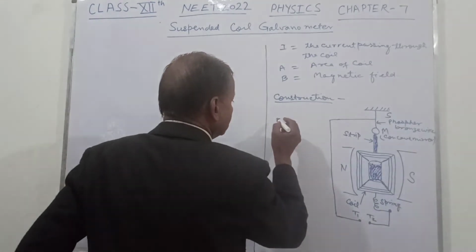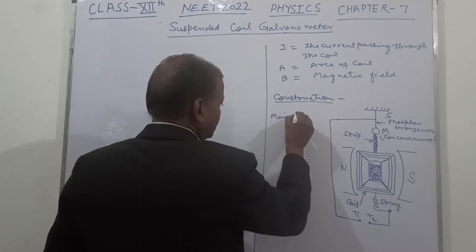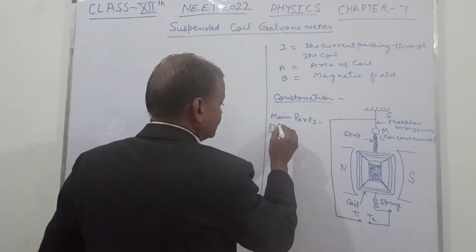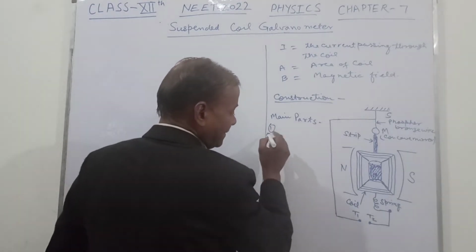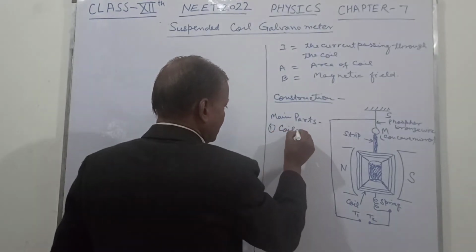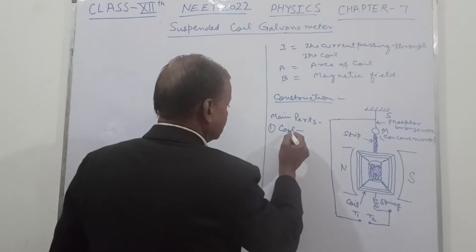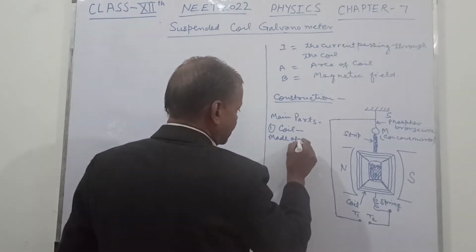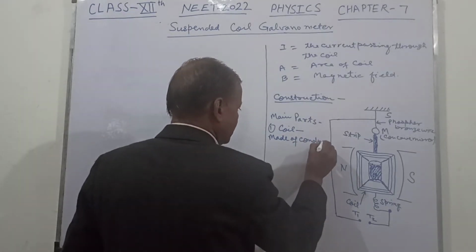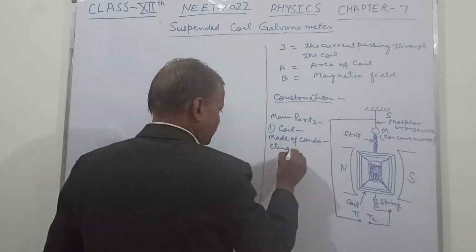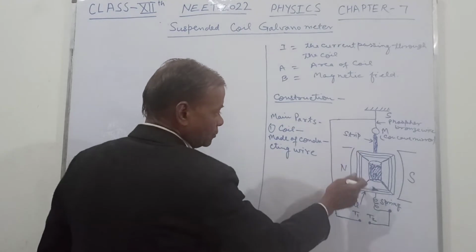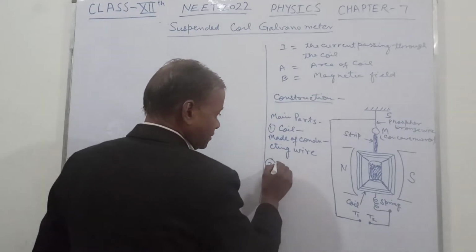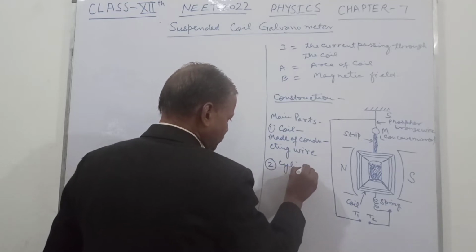So the main parts of this: number one, the coil, having a number of turns, made of conducting wire. Number two, the cylinder.